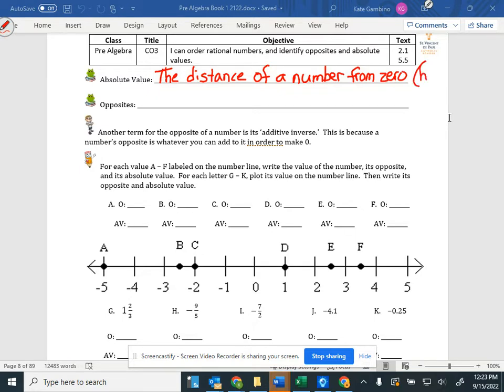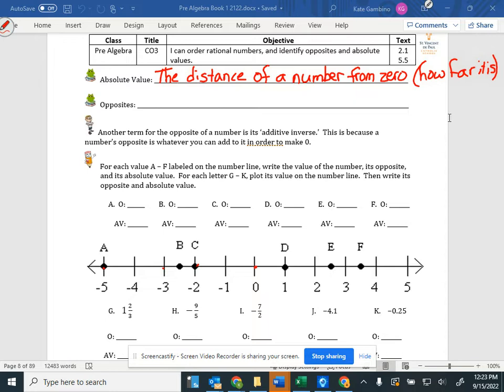So how far it is from zero. So if we're looking at our number line, so look down here at the number line, here's 0. I'm going to look at -5 and say, how far is it from 0? It's 1, 2, 3, 4, 5 away from 0. So the absolute value would be 5.